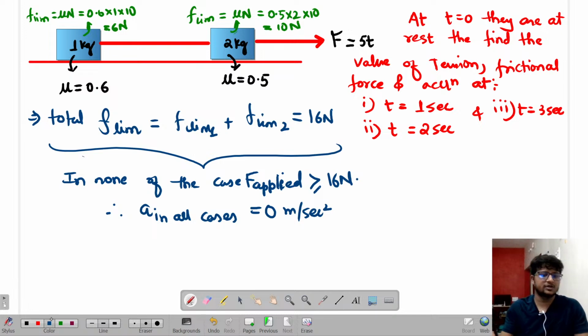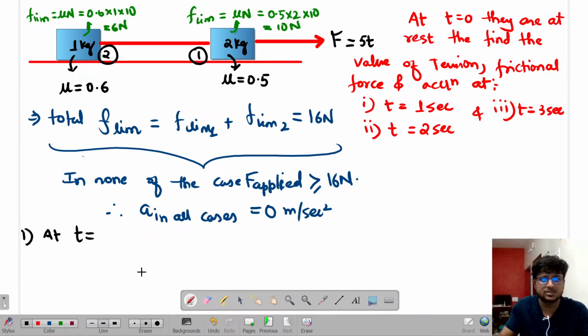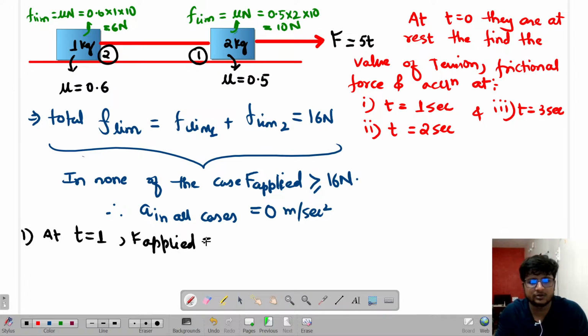Now, I'll take the first situation. Situation 1, at t is equal to 1 second. Let's suppose this is block 1 and this is block 2. Is that clear? So at t is equal to 1 second, my force applied is how much Newton?